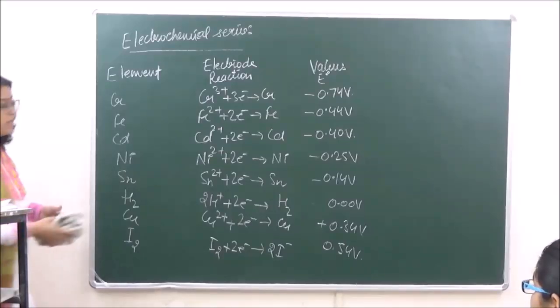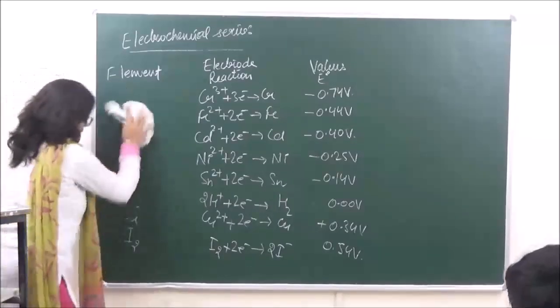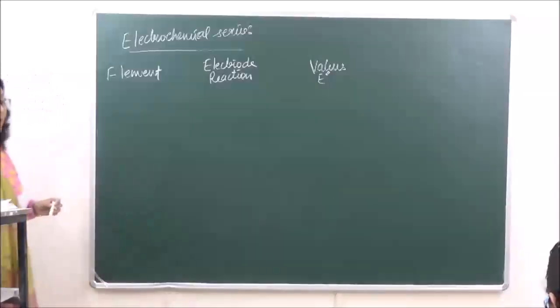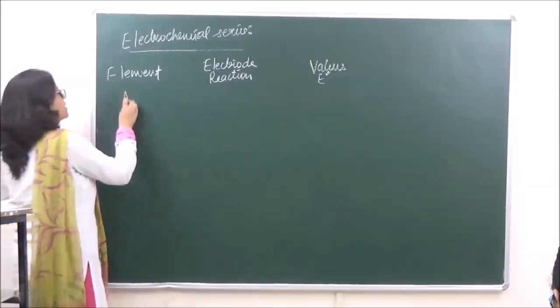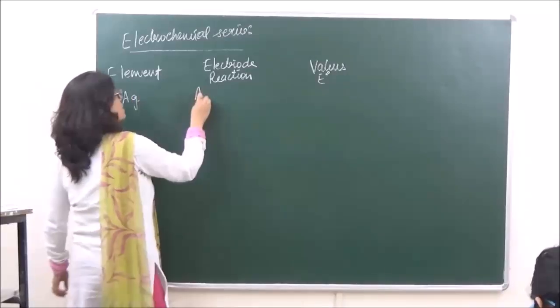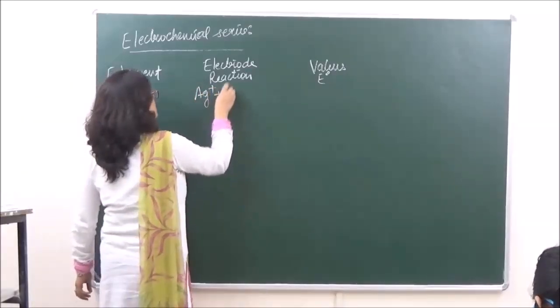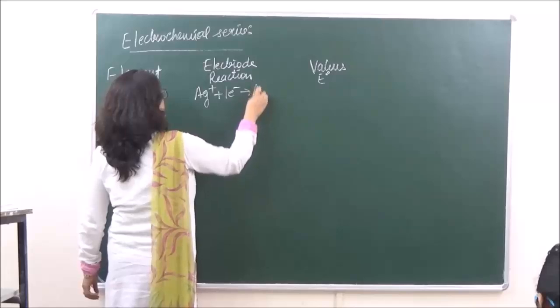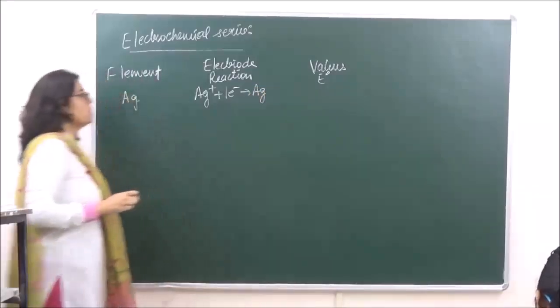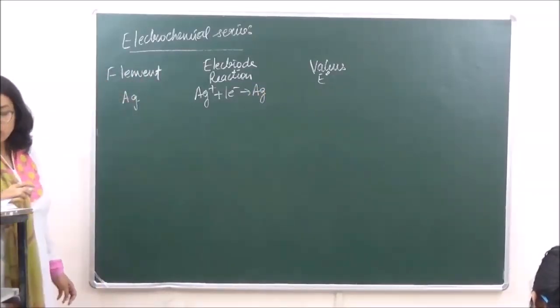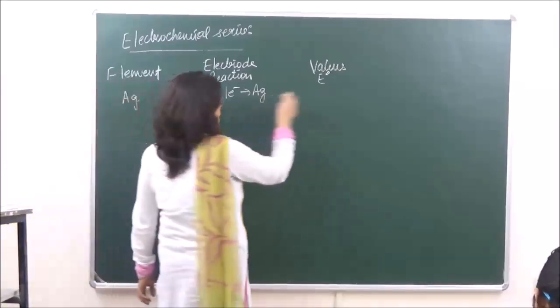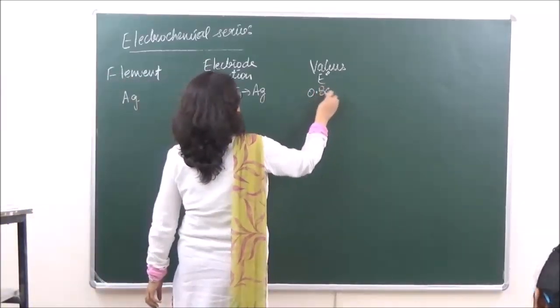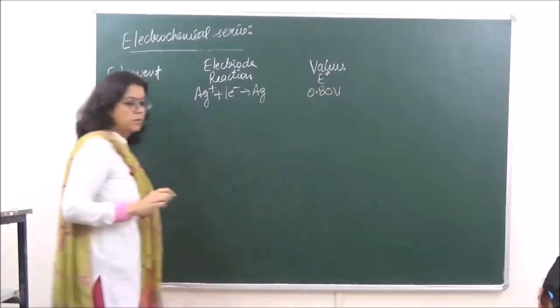Then after iodine is silver: Ag+ plus 1 electron to give Ag, and the E naught value is 0.80 volts.